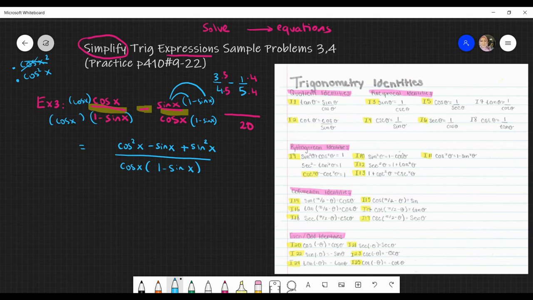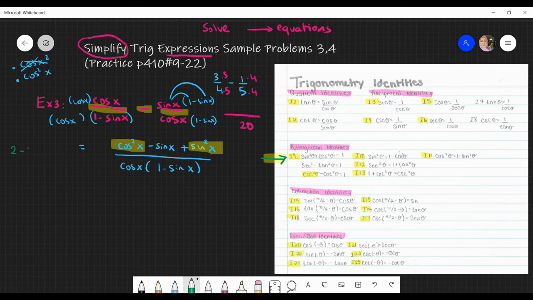So how does this help? It actually helps because we can see one of the trig identities right here. Sine squared plus cosine squared is identity 9, which equals 1, the Pythagorean identity. You might tell me it's in a different order or they're far apart. That's totally fine because it's addition and subtraction.